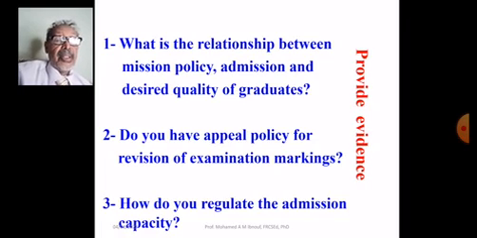The student has to pay the fees, and a committee will be assigned to remark his papers. The decisions they get will be given to the students and will be fixed to his files and sent to the university academic affairs. Now, how do you regulate the admission? Do you regulate the admission capacity according to the number of seats in the faculty?